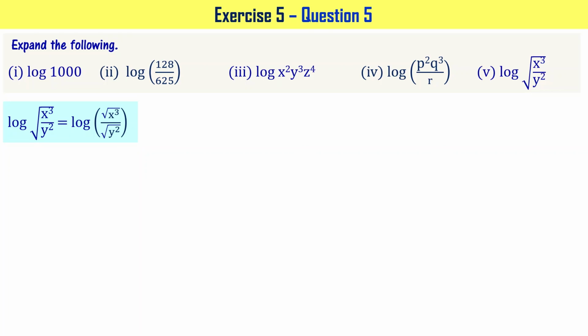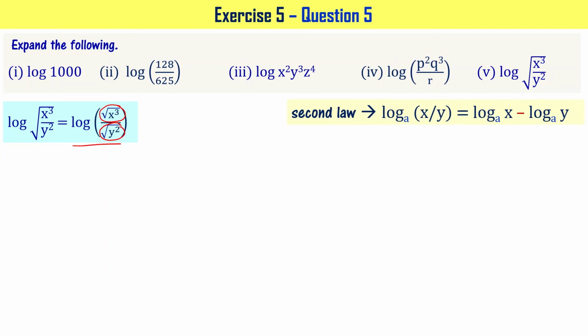y square, right? That can be written as log of square root of x cube divided by square root of y square, right? We can apply second law. When you do that, it becomes log of square root of x cube minus log of square root of y square, right? Let's simplify this first.